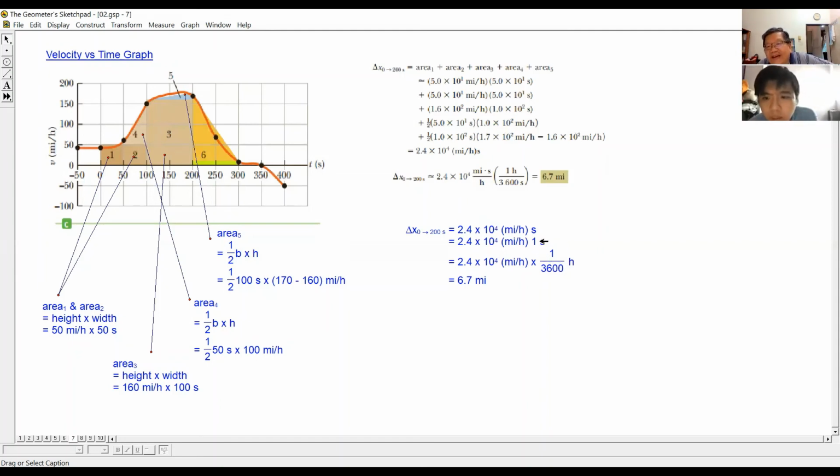So now the second has been converted into hour, and the hour is consistent with the hour here, so they can cancel off. The number you get when you multiply them together is 6.7 miles. You can always convert the hour to second also, but that is quite complicated.